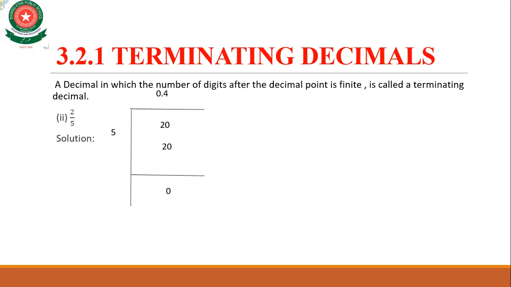First of all, we have to discuss the terminating decimals. A decimal in which the number of digits after the decimal point is finite is called a terminating decimal.